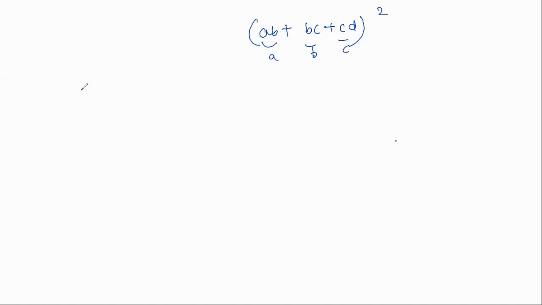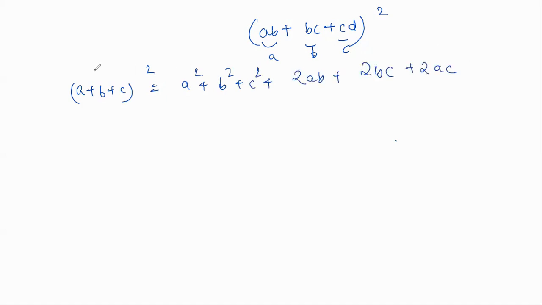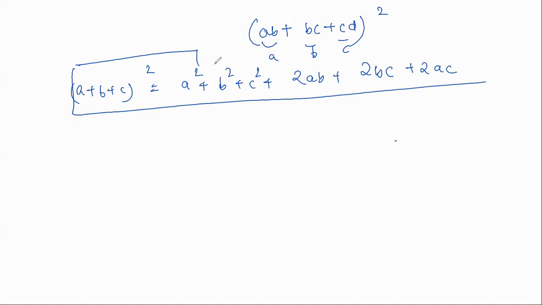So we have the general formula for (A plus B plus C) whole square, which is A square plus B square plus C square plus 2AB plus 2BC plus 2AC. This is the general formula for the whole square of the sum of three terms.